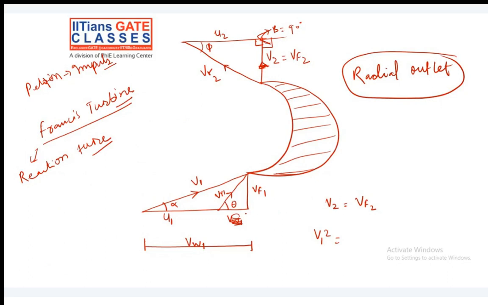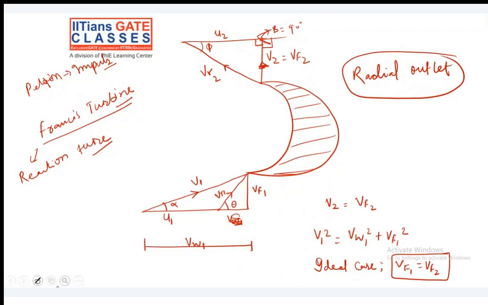We have just seen, when we were dealing with the width of the blade, that Vf1 was Vf2. So can I write down the degree of reaction?